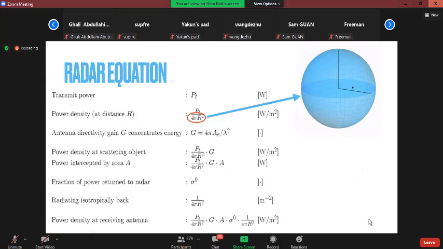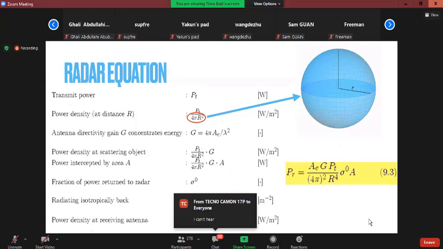And if we put that together in one radar equation, you see that the received power, PR, depends on the transmitted power, the area of our antenna and the antenna gain, so the features of the antenna.